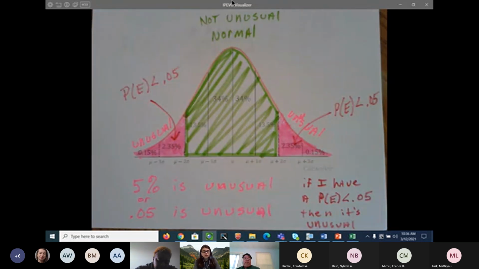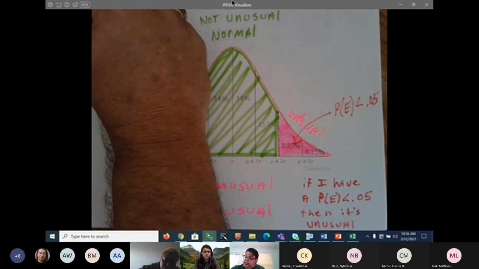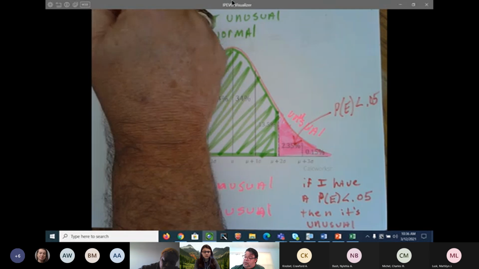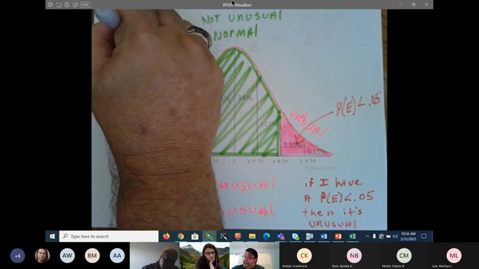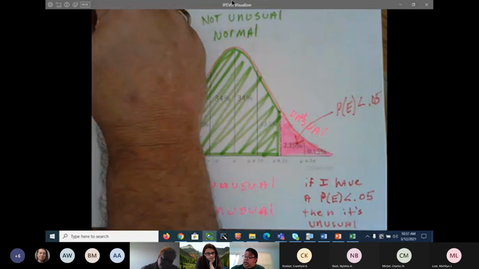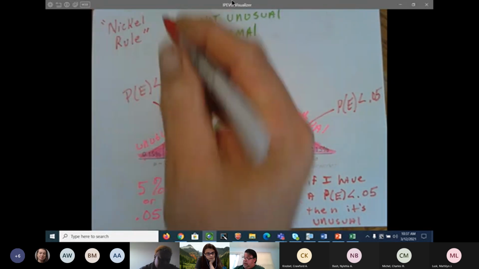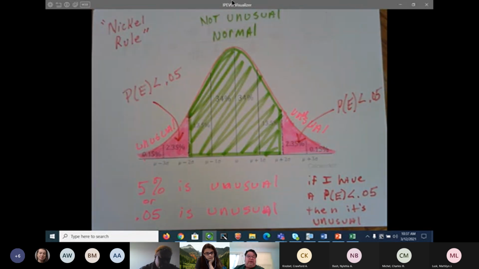If you calculate a probability, I call it the nickel rule. N-I-C-K-E-L. I call it the nickel rule because everybody knows what 0.05 is. That's a nickel, right? So if I give you a probability of 0.01, that's a penny. Is a penny greater than a nickel? No, so it's unusual. What about 12 cents?